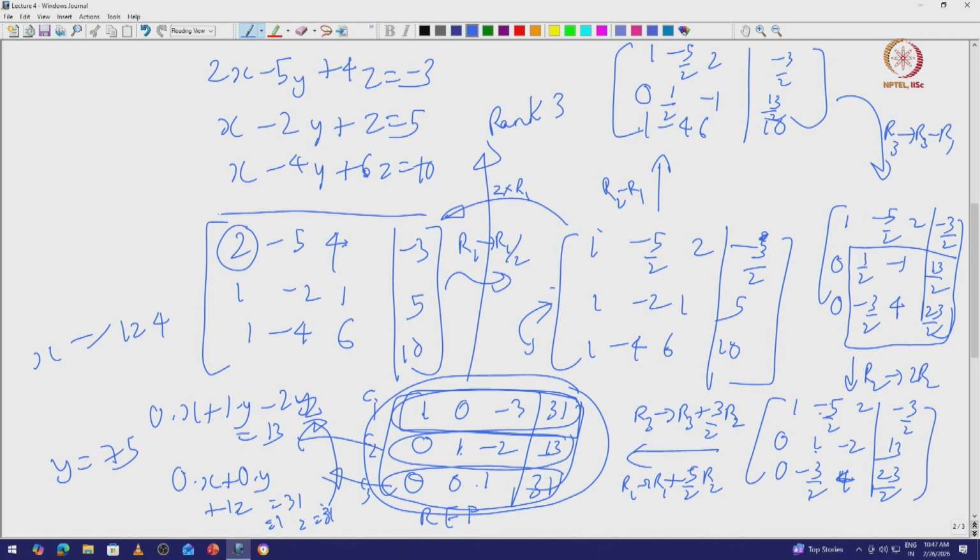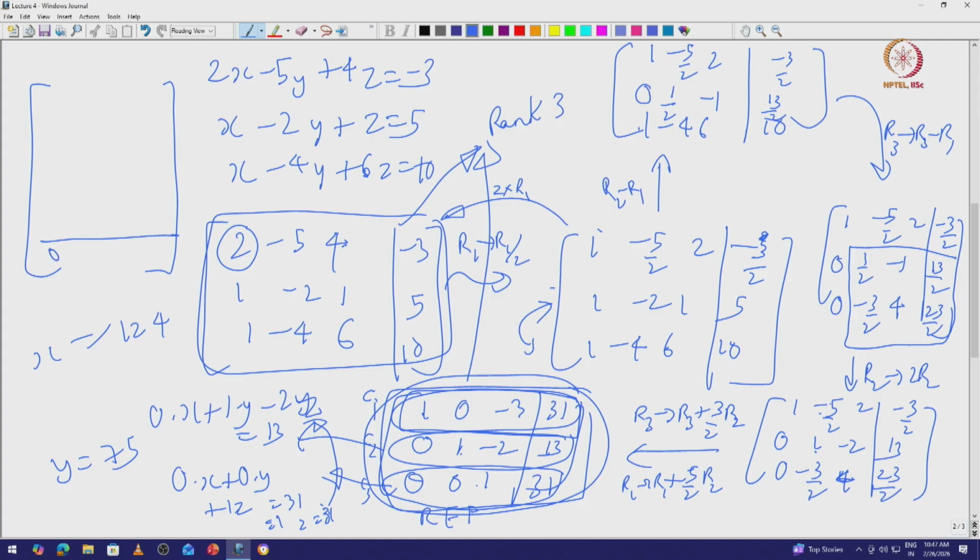In other words, the rank of this matrix is exactly the same as the rank of this matrix, which is 3. So how do you find the rank of a matrix? You bring it to the row echelon form or row reduced echelon form, which would make it even clearer. When you bring it to the row reduced echelon form, it is typically of this type, where the last few rows only have zeros and the others have things that are not necessarily 0, and so on.